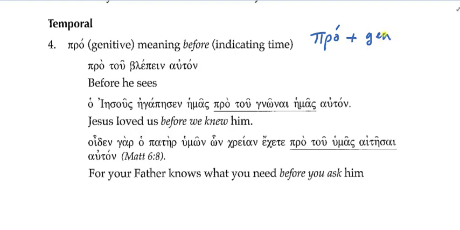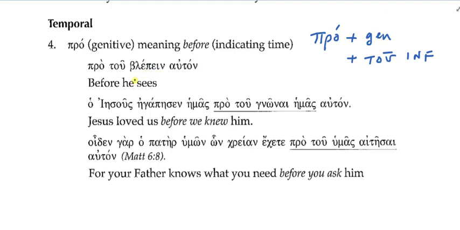So if I want to say that somebody did something before some action, it's going to be pro plus tou, genitive case, and then the infinitive. Pro tou infinitive. Over here, pro tou blepein, before the seeing, right? Or before someone sees. Autou, before he sees.